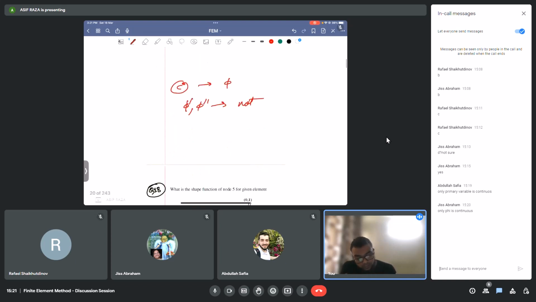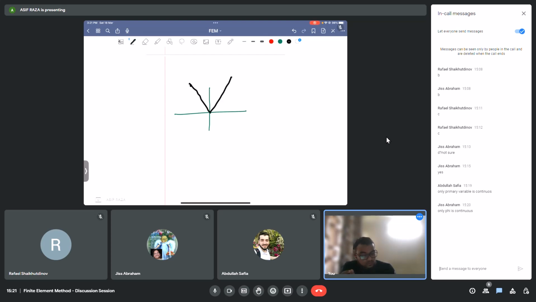Suppose the mod x function. Mod x has a graph like this. Mod x is equal to x if x is greater than 0, and minus x if x is less than 0. So this has a domain-wise definition, that's what I'm saying.